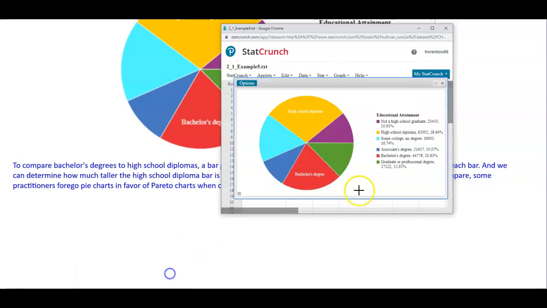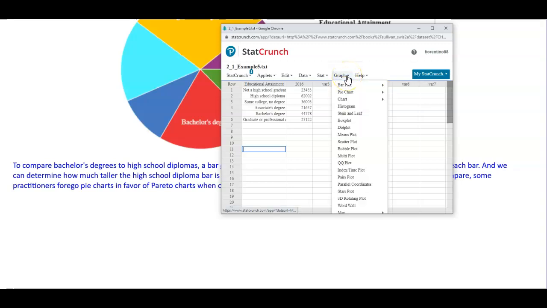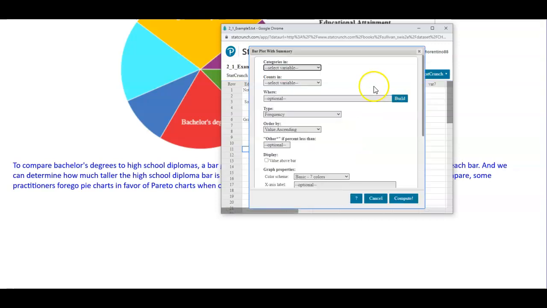So let's go back in here and let's create a bar graph. So remember, how do we create a bar graph? We're going to go ahead and go to graph and we're going to select bar plot, and then this has the summary. Okay, the categories are educational attainment, the counts in are 2016, and we want a bar graph. So again, we're looking at the relative frequency.